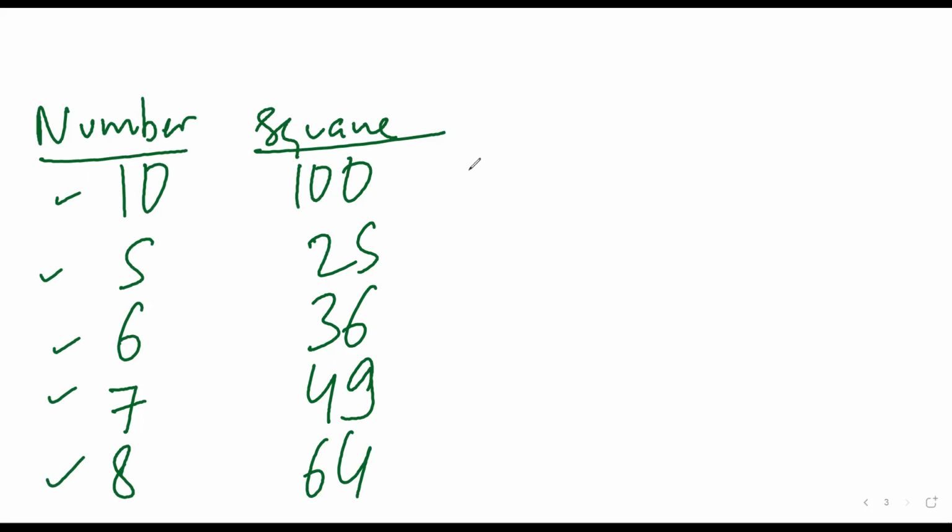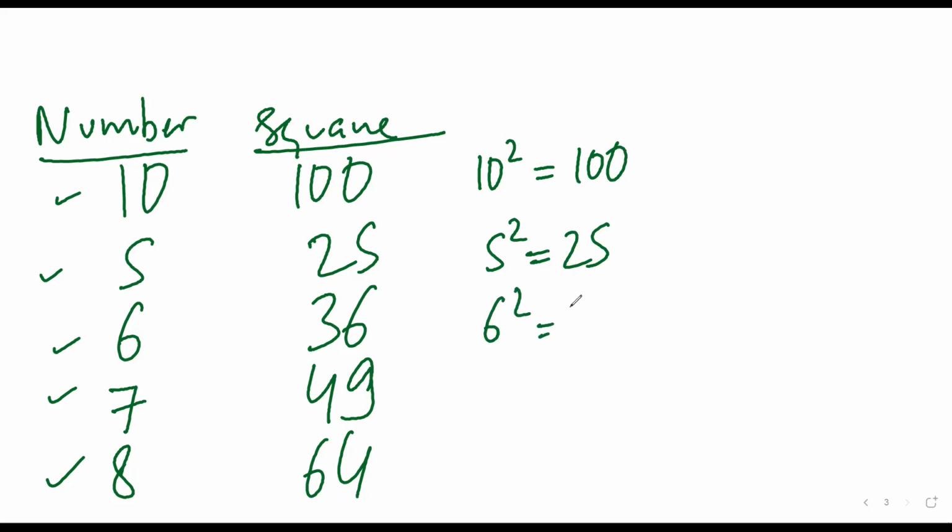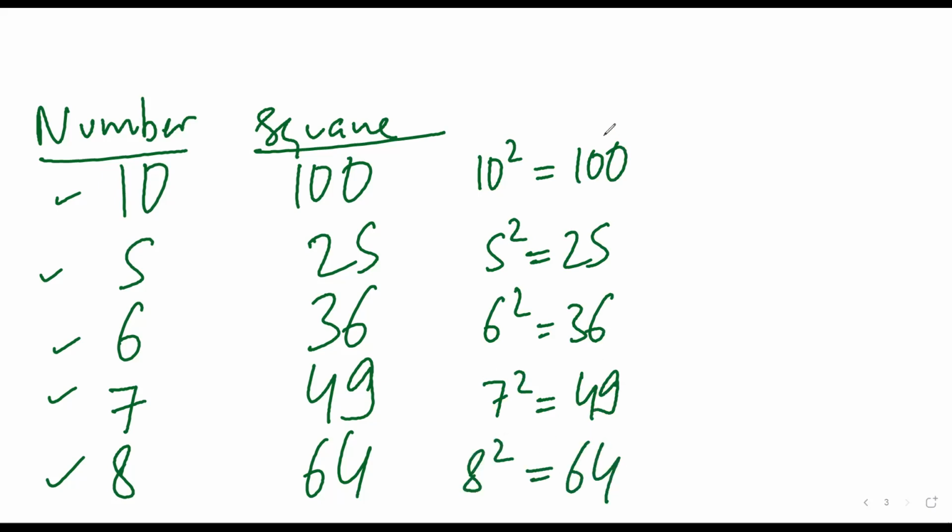So what you will say is that if you square 10, it will be equal to 100. Do we agree to this, or do we have any confusion? Mr. Sarthak, is there any confusion till here? No, sir. Are we okay about the square of a number? Yes, sir.